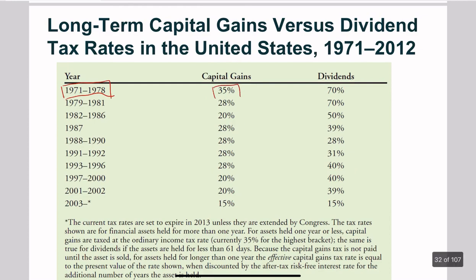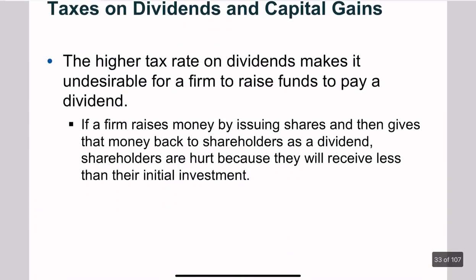Capital gains had a tax rate of 35%. Dividends had a tax rate of 70%. So if you're the person who invested in the 1970s, I'm sure that you will always want capital gains instead of dividends.